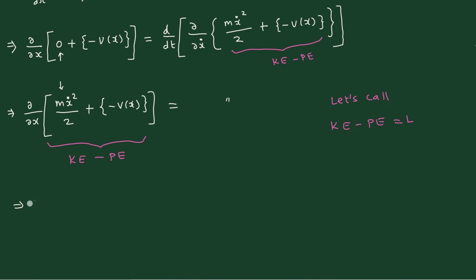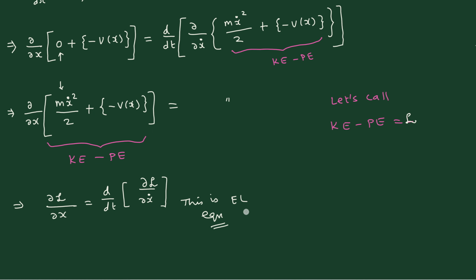And finally, we say that dou L. So let us say this is L, which we'll call by whatever symbol you like. Now we have dou by dou x of this L, which is equal to d by dt of dou by dou x dot of this entire thing, which is L. So ultimately this is the Euler-Lagrange equation.